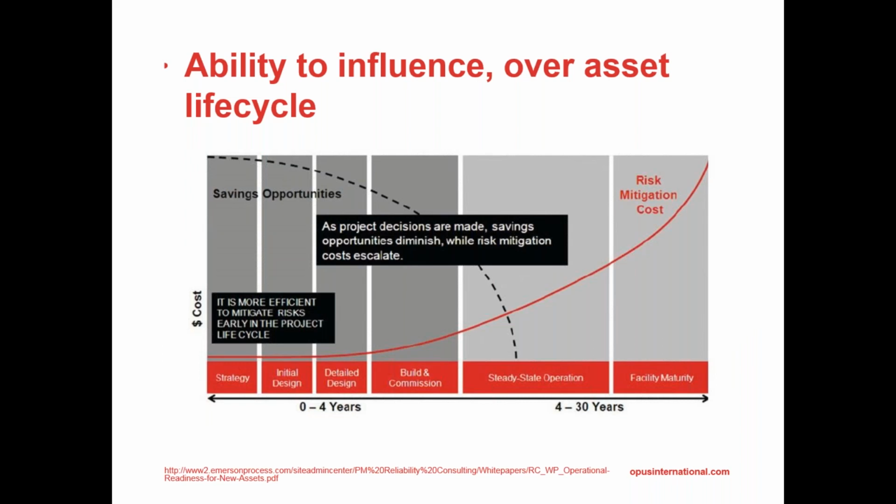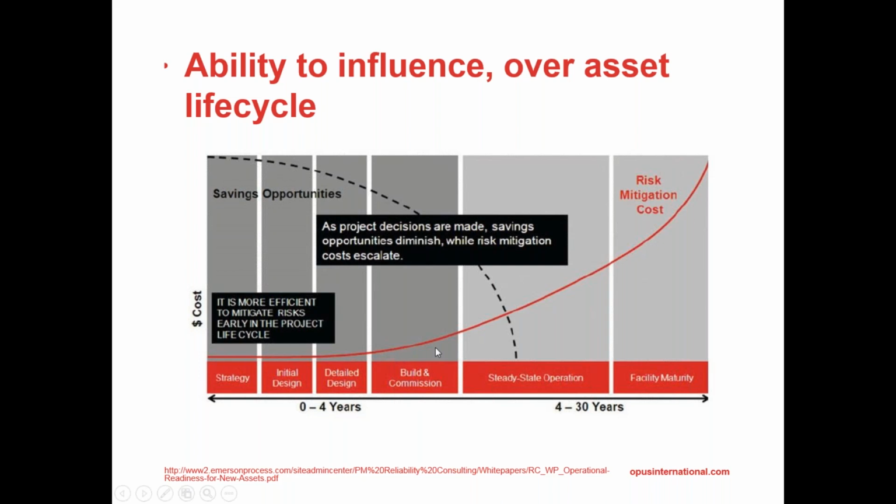And I've grabbed some examples, I should have said earlier, not only from international, but also from different kinds of asset groups, from different industries altogether. So this is from the process industry. This diagram is showing that over time, from the very beginning of your asset, whatever asset that might be, at the beginning of the life cycle, your costs for mitigating risks are extremely low, if you see that red line down there.